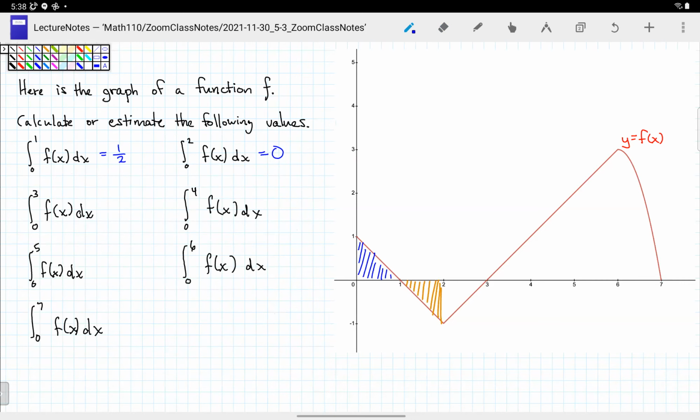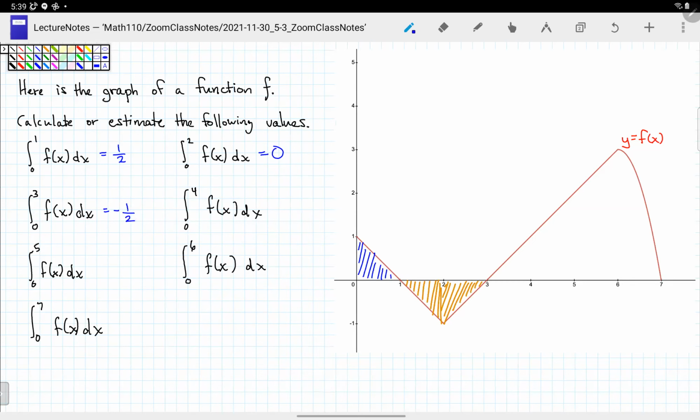Hopefully you paused the video and thought about this on your own. So I'm going to go through this. From 0 to 3, the first from 0 to 2, those two triangles cancel each other out, and then from 2 to 3 we have 1/2 below the x-axis, so the integral is going to be negative 1/2.